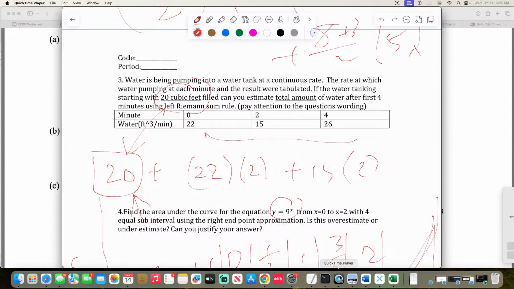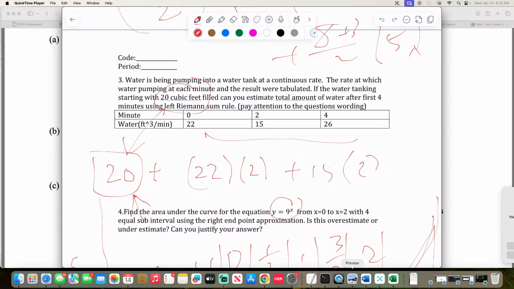Yes? What's the reason behind including 20? So imagine that I have this empty bottle right here, right? And I say each time it's gonna be a different rate. Usually you start from empty, then I can figure it out, it's from here to here, that's gonna be the integration.